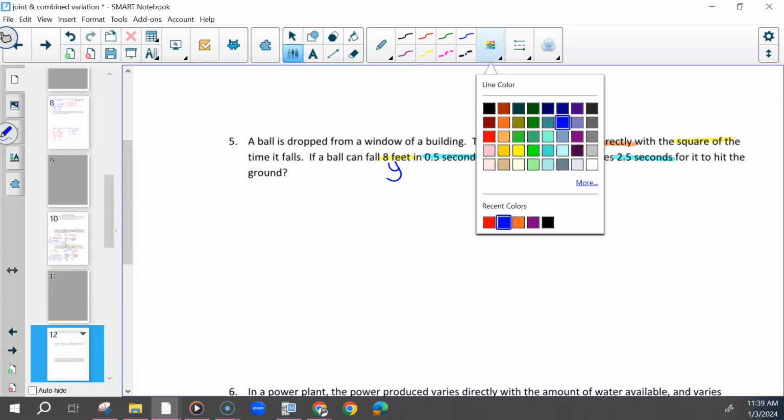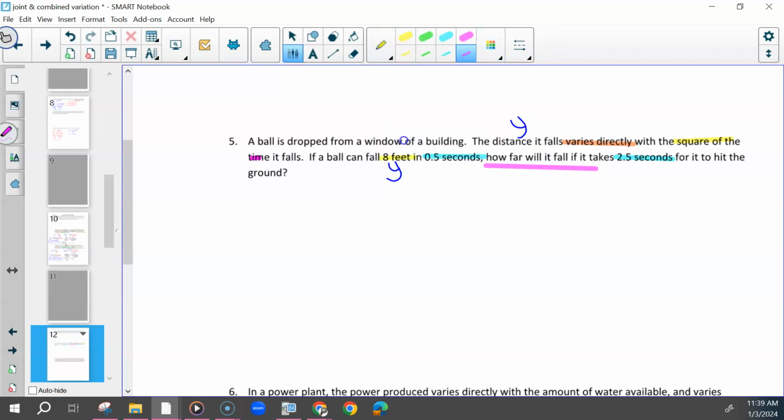I didn't really highlight. So the 0.5, the 2.5 would go with the x. So that means we're looking for which variable?